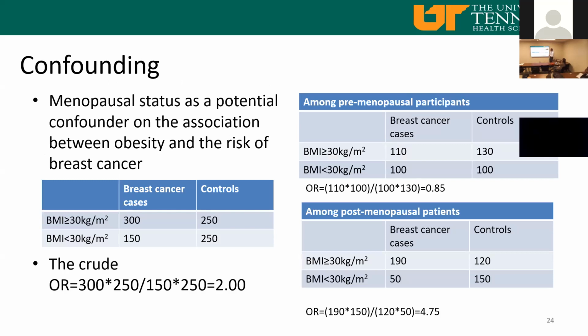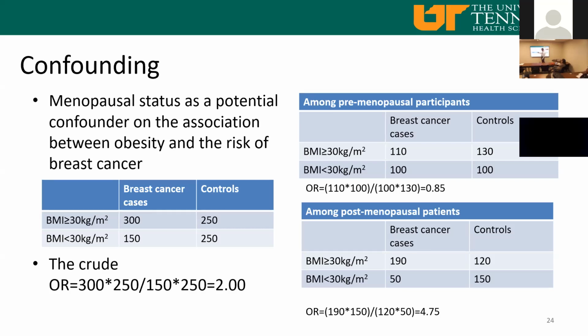So an example of confounding, where menopausal status is the potential confounder on the association between obesity and the risk of breast cancer. In the first table, this is a crude analysis. We didn't take into account menopausal status.